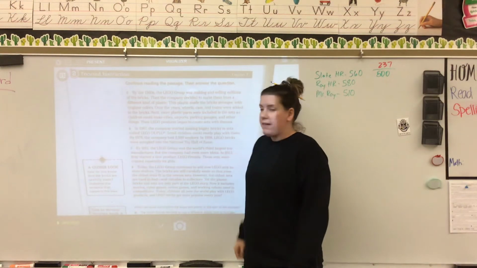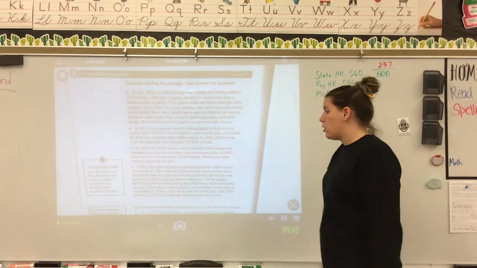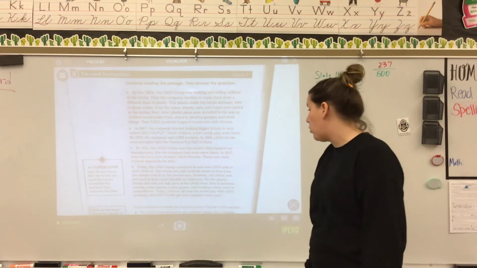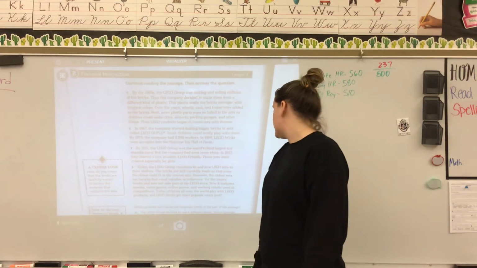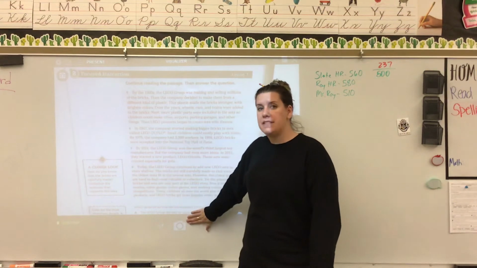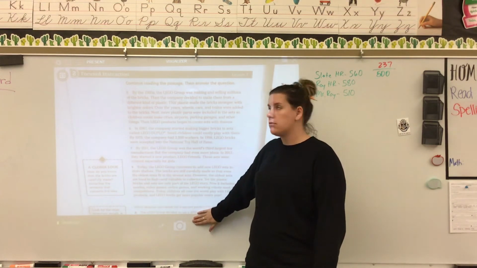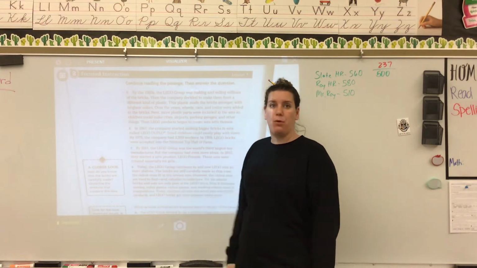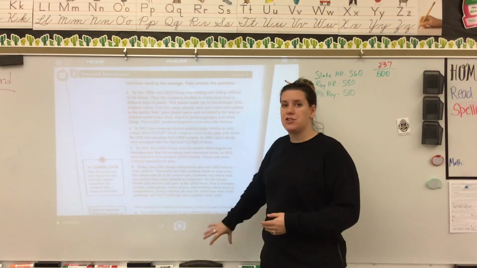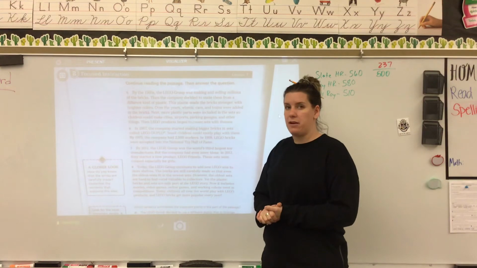You're going to read the rest of the passage, and then we're going to answer the question, which sentence summarizes the important points in this part of the passage. So from here to here, A, B, C, or D, which one supports the point of these couple paragraphs? So you're going to pause, read, answer your question, and we're going to come back together. Go ahead.